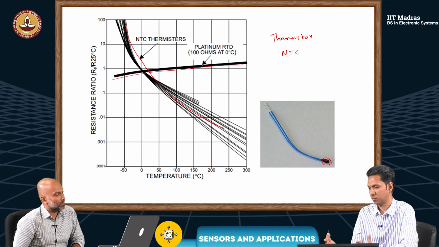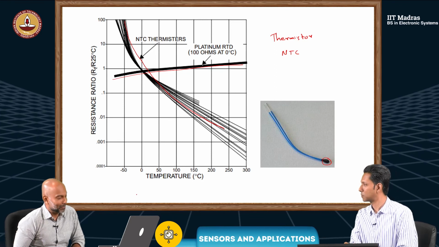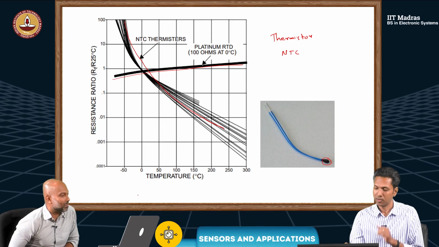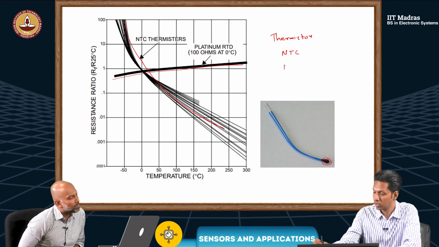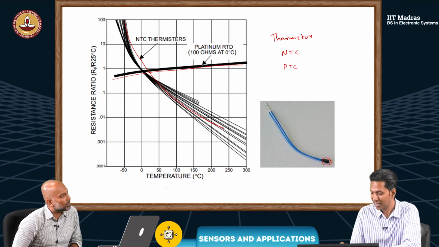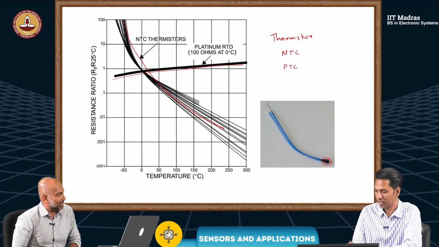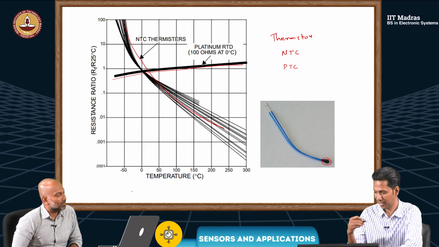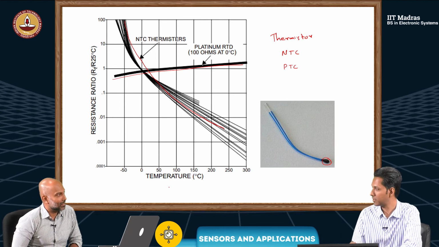So it is also a resistor, but the resistance decreases with respect to temperature. There are also thermistors with positive temperature coefficient of resistance, PTC, which again we will request the students to read a bit about. It increases, but not in a straight line; it's again in a different fashion, which is available in this reference.